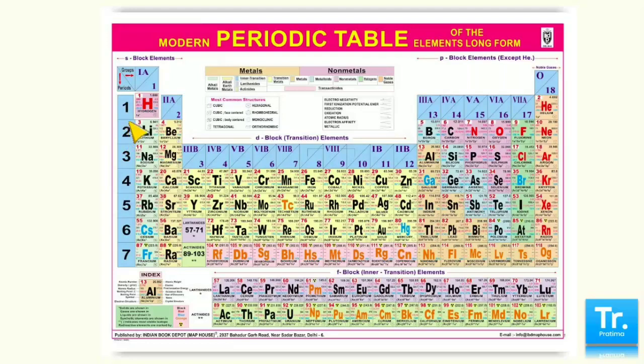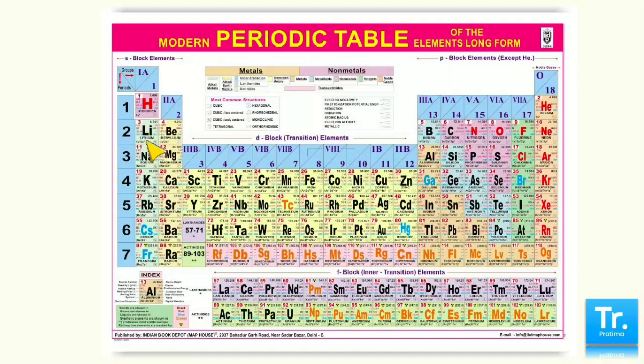Now period, what did I say? These are the horizontal rows. There are 7 horizontal rows, so 1, 2, 3, 4, 5, 6, 7, and this number represents the number of shells. Like first period, hydrogen and right here helium, they've got 1 shell.